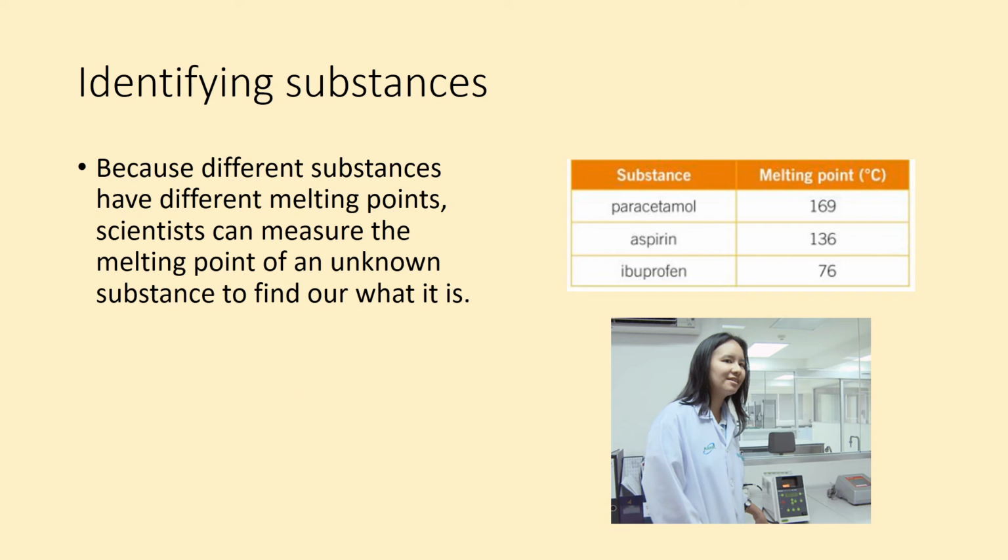So we can imagine that she's gone on the internet and looked up the melting point of those 3 different painkillers, or even better, looked it up in one of her textbooks, and she can measure the melting point of each of her painkillers and figure out which one's which by measuring their melting point.